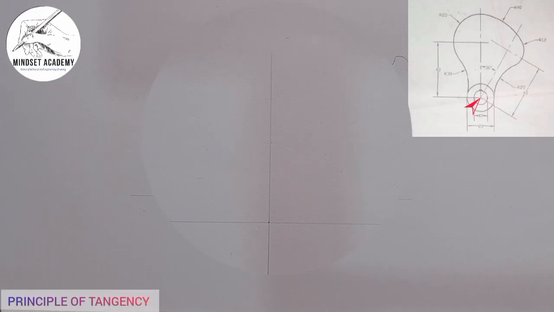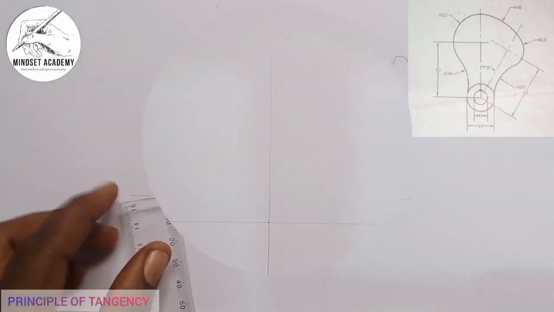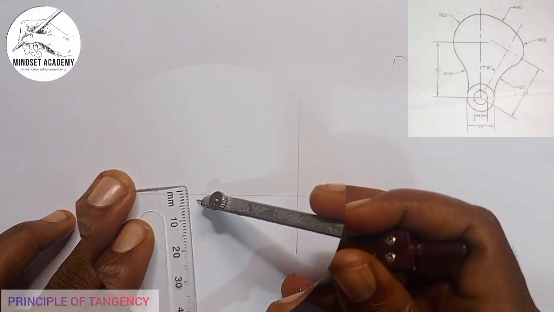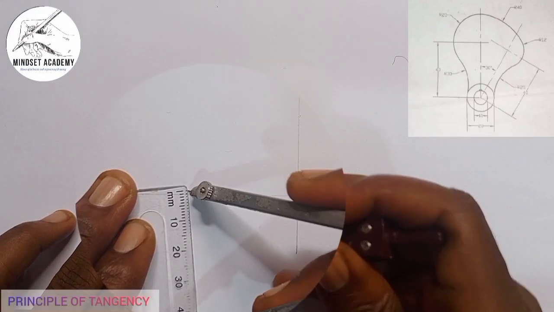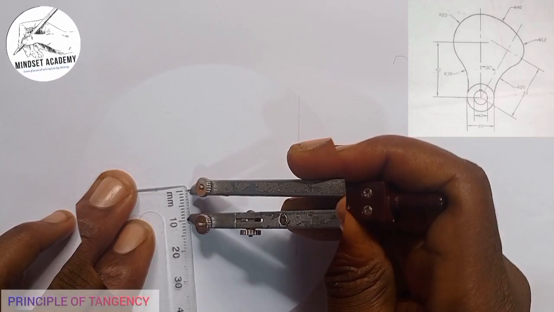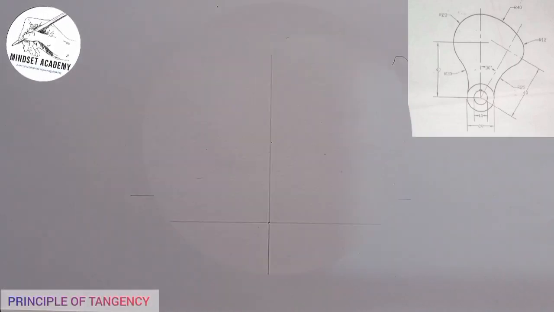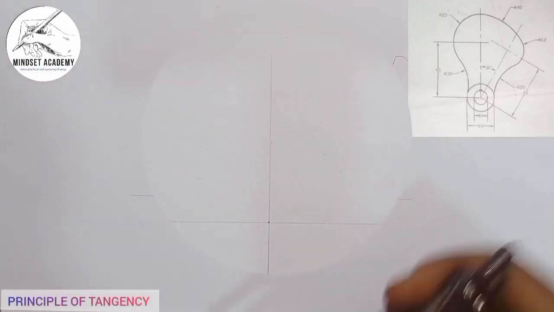Now, if you look at it closely, the inner circle there is giving us what? A diameter of 10, from this end to this end. So I am going to measure 10 on my meter rule this way, from this point to this point here, which is given as 10.